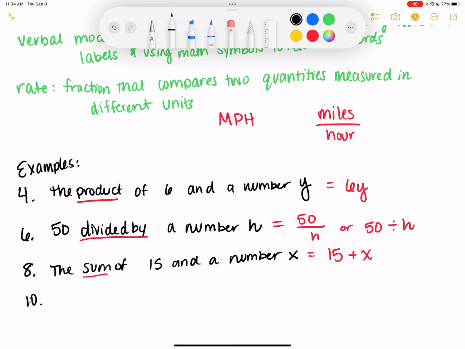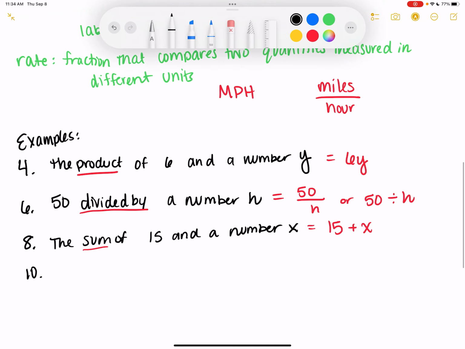Number 10. All right. This one's gonna add in another step with it. It's a little different than these other ones that we've seen so far. So this one is 3 less than the square of a number p.